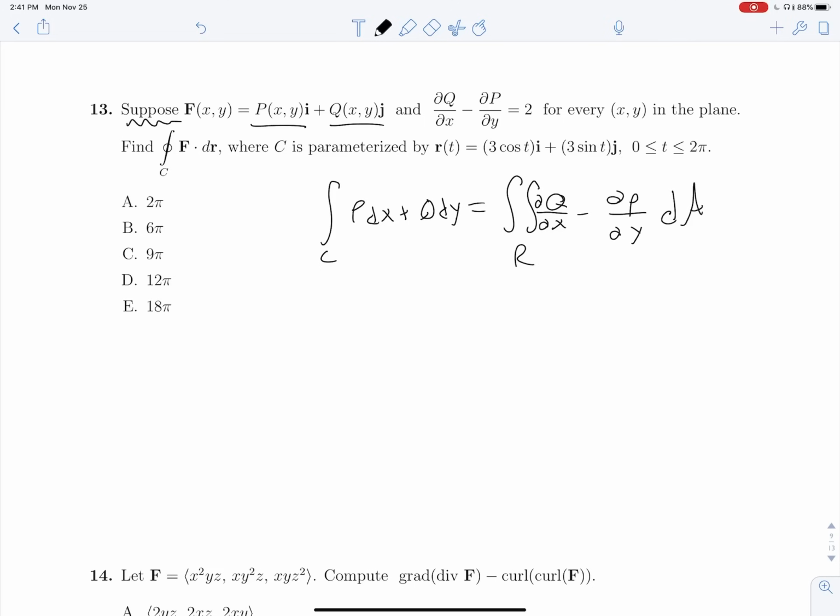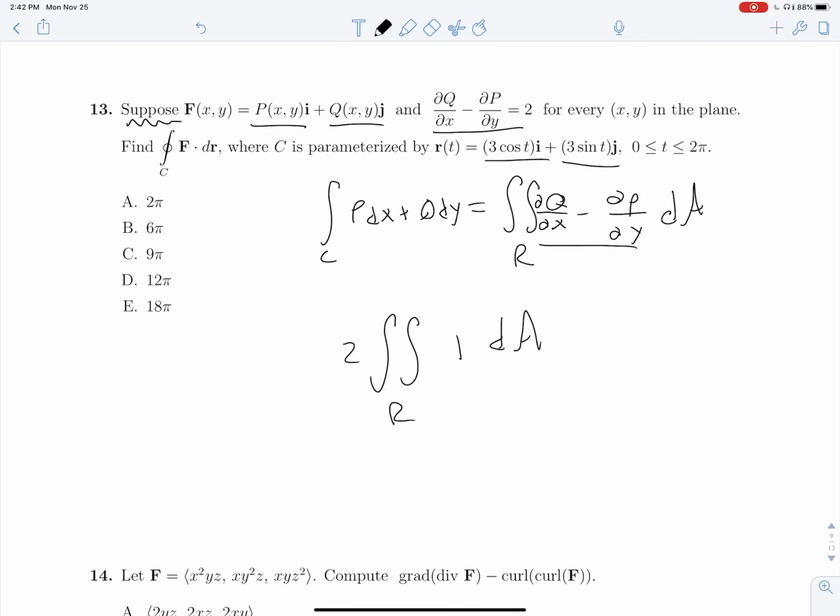They're being really cool because they're giving us this whole integrand here. So all we have left to solve for is the double integral over R of 2 dA. All we have to do here is figure out how we're going to integrate over this path.